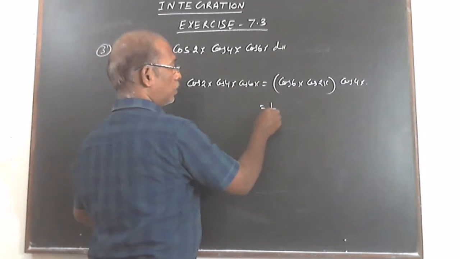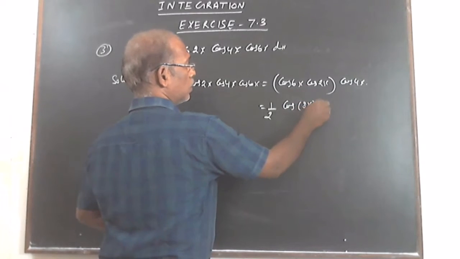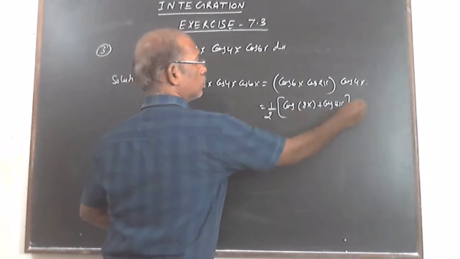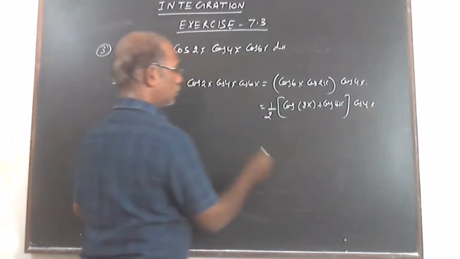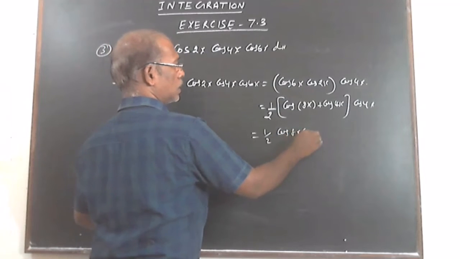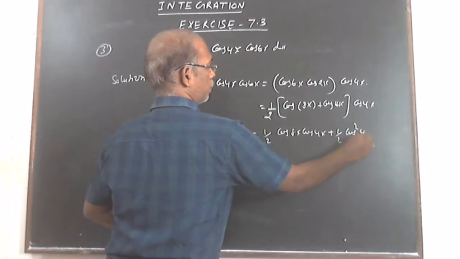So 1 by 2 cos 8x plus cos 4x, into cos 4x. Now 1 by 2 cos 8x cos 4x plus 1 by 2 cos square 4x, correct?